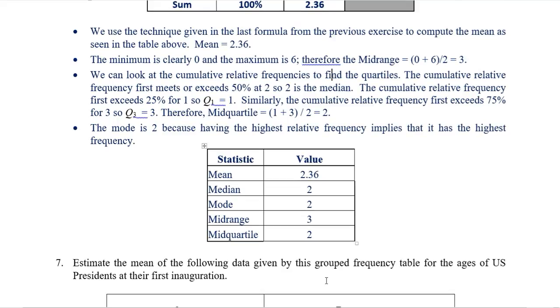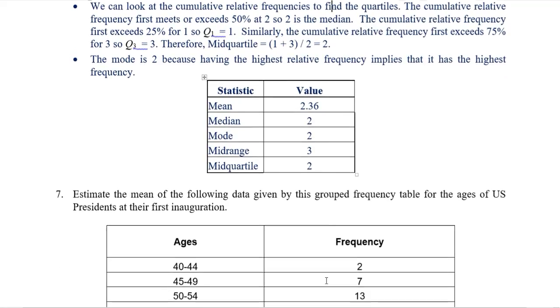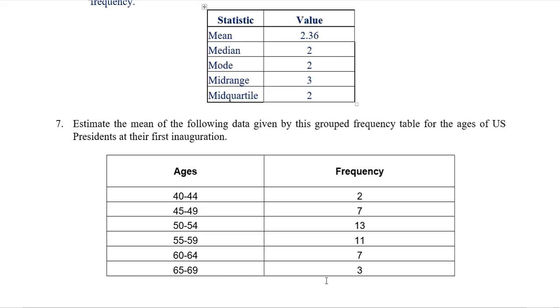Now, what if you're given a grouped frequency histogram or grouped frequency table? If you've got a grouped frequency histogram, you can make the table from the histogram. So, for example, you have something like this. This is ages of the U.S. presidents at their first inauguration as of when I'm recording this.